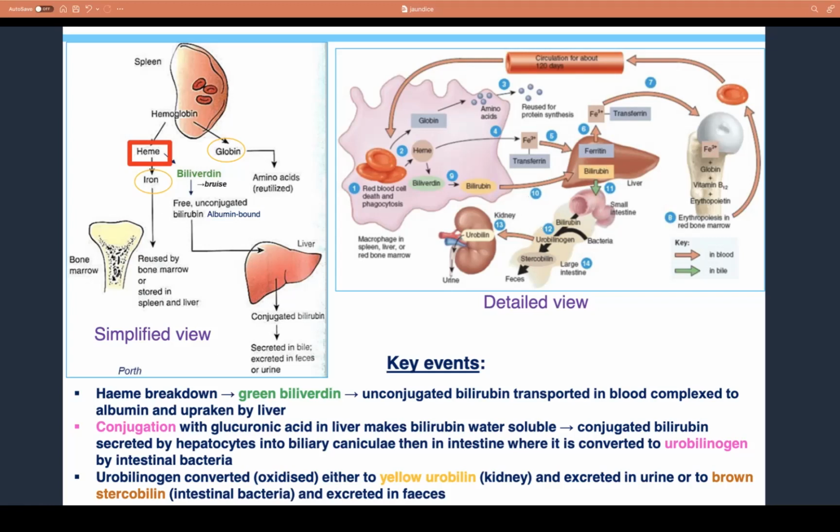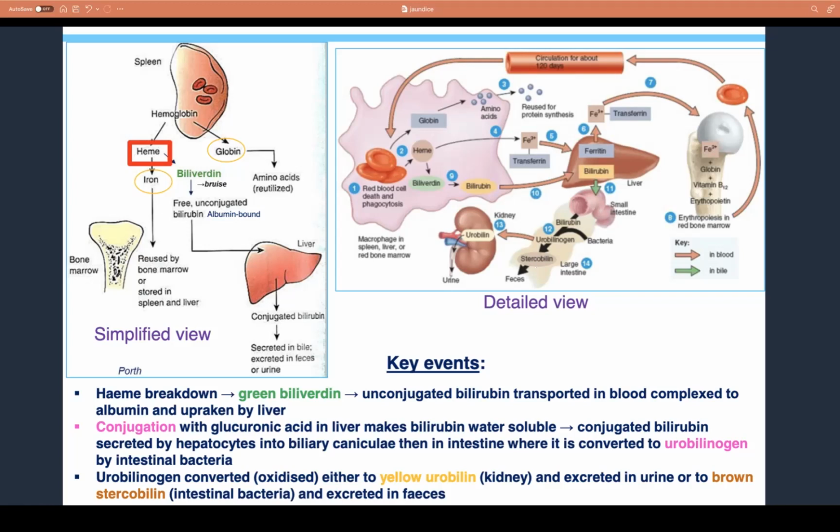And in terms of stercobilin, urobilinogen can be converted into stercobilin through the intestinal bacteria in our gut, and then can be excreted through our feces. And that actually gives off the brown color of the feces.